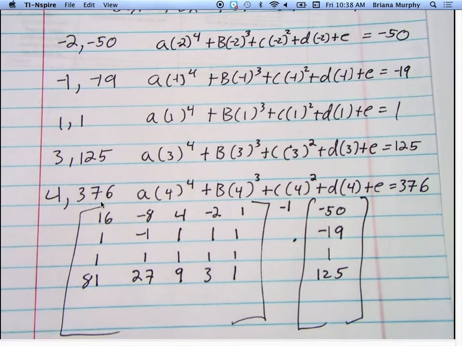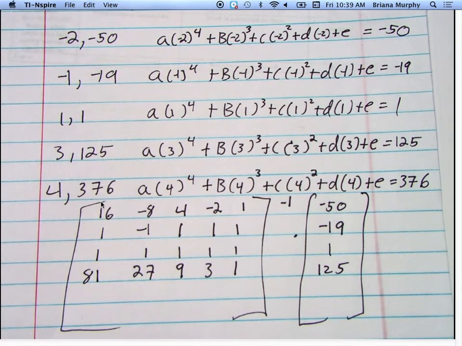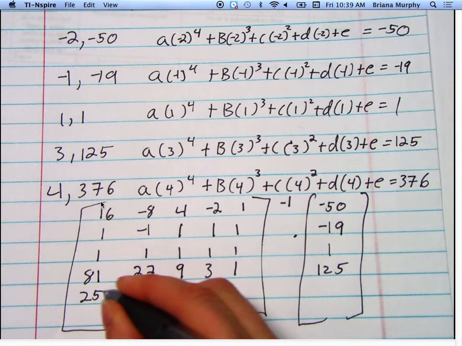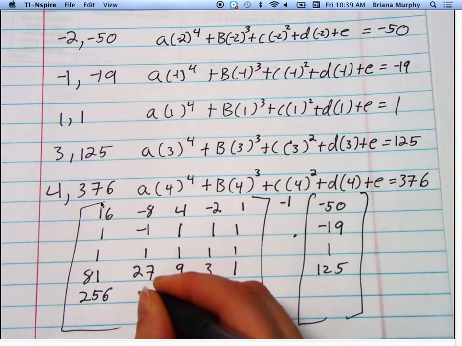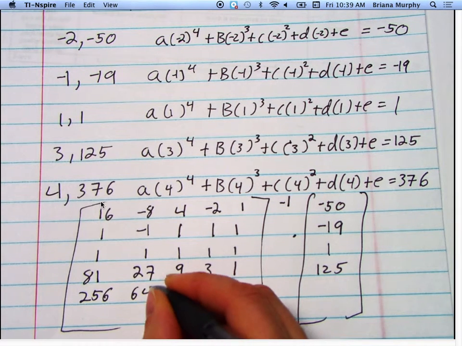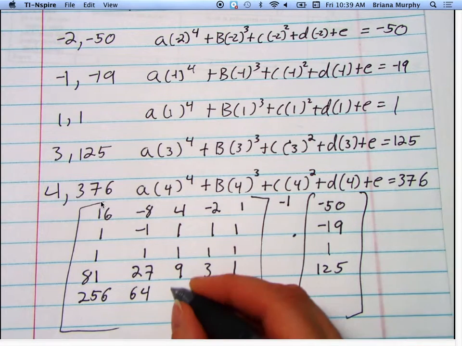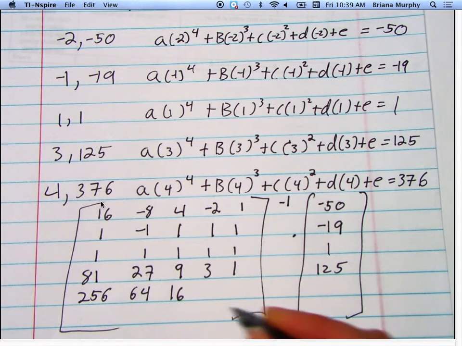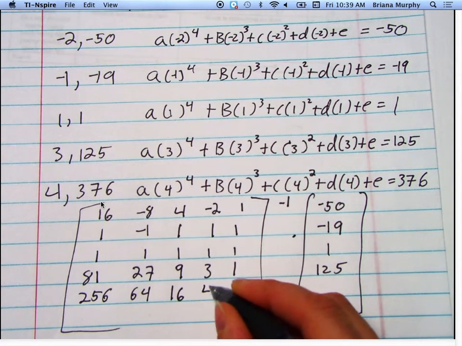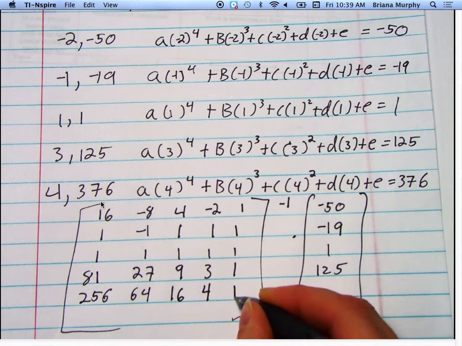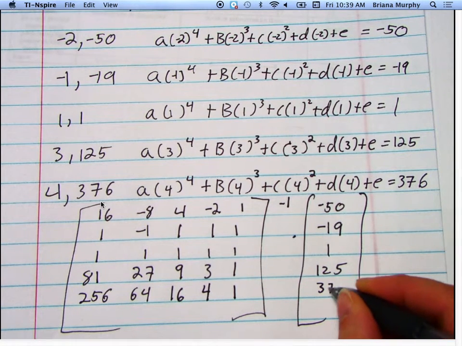So far, so good? 4 to the 4th power is 256. 4 cubed is 64. 4 squared is 16. 4 to the 1st power is 4, and 1 is just 1. The answer is 376.